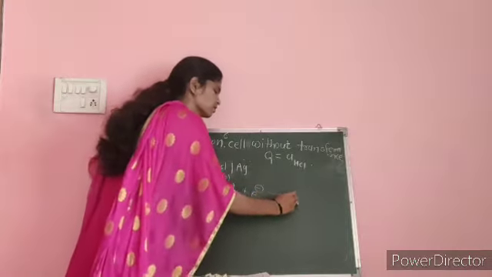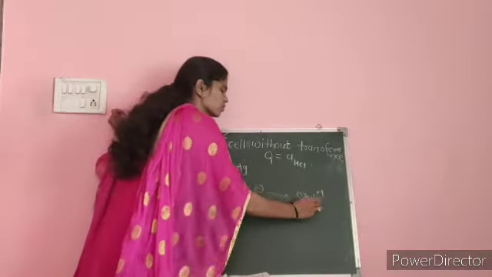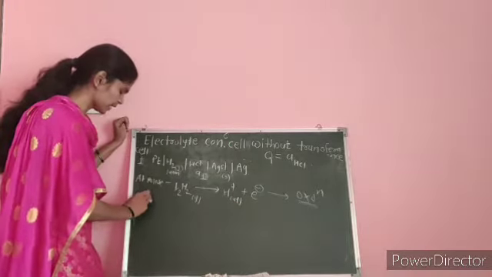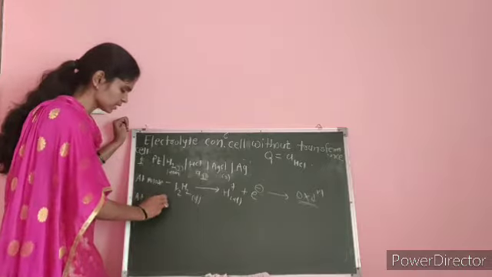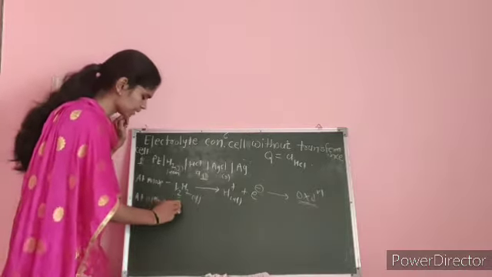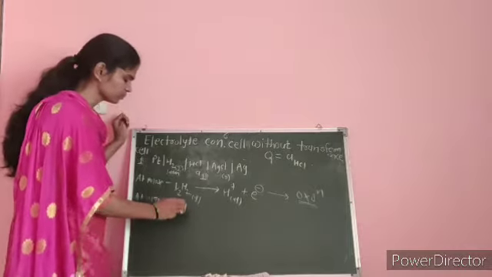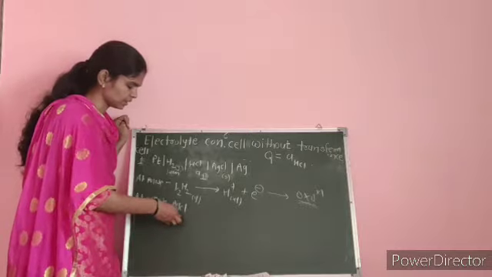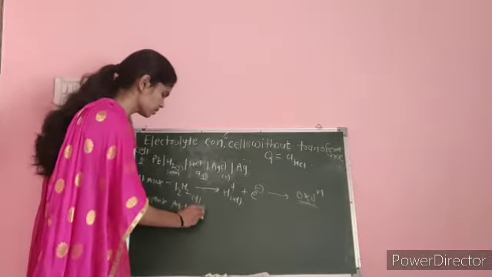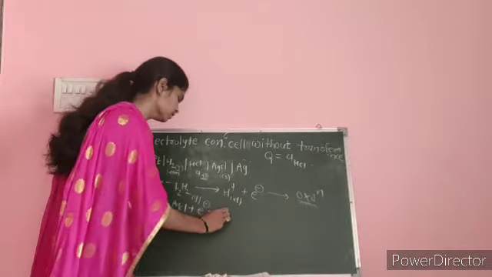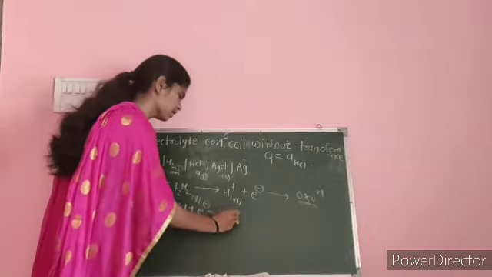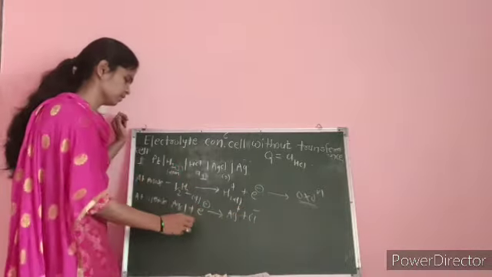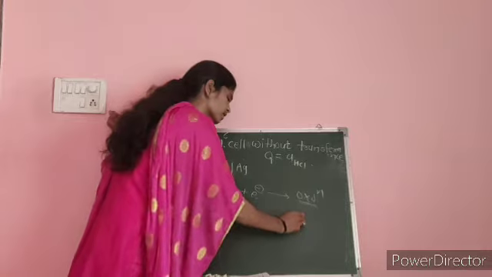That's why this is called an oxidation reaction, for loss of electron. Next, at the cathode, reduction reaction takes place. In the reduction reaction, AgCl gains an electron: AgCl plus 1 electron gives Ag plus Cl minus. This is called a reduction reaction.